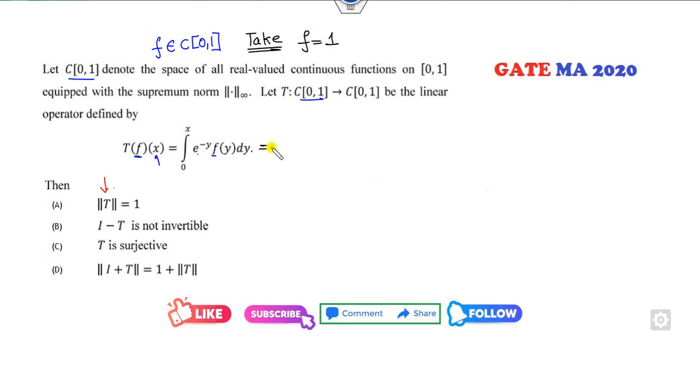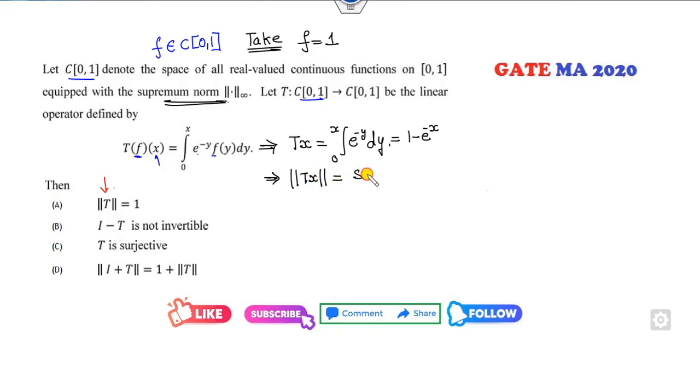Fine. So then what is the definition of this? T of x is integral from x to infinity of e raised to power minus y dy. Fine. I can simplify this. What is the integration of this? 1 minus e raised to power minus x. Clear? Then norm is my supremum. So what is the norm of Tx?